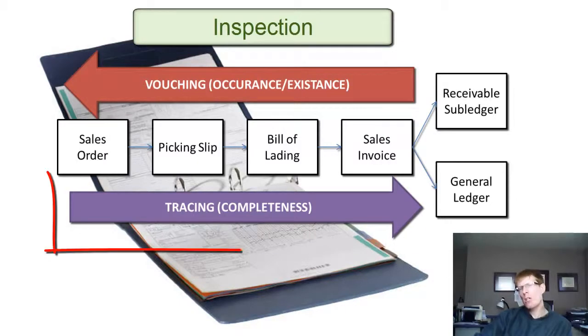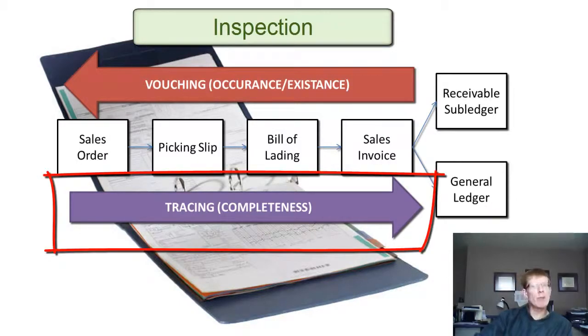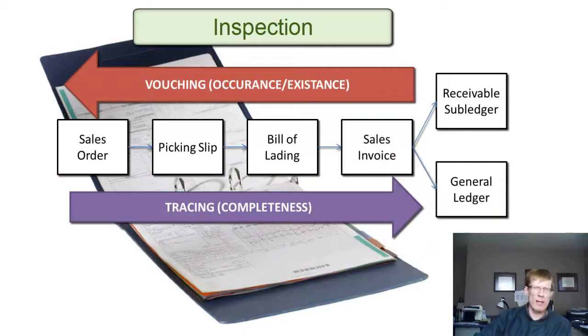However, if our audit objective is to verify the completeness assertion, we would start with the source documents and work our way to the general ledger to ensure that all shipments have in fact been booked as revenue. And this is called tracing. But between you and me, I never can keep the terminology straight. But it's critically important that you understand this notion of direction of testing because it's important for your inspection procedures.